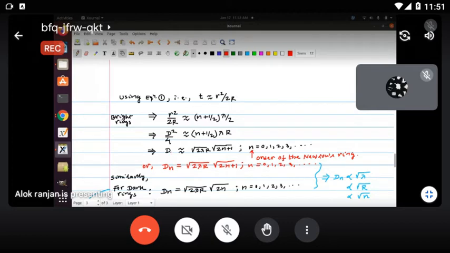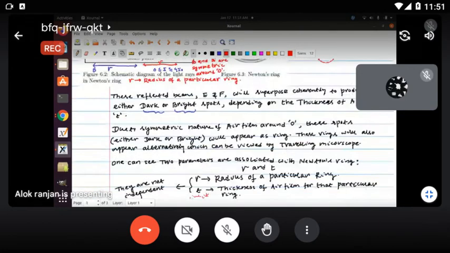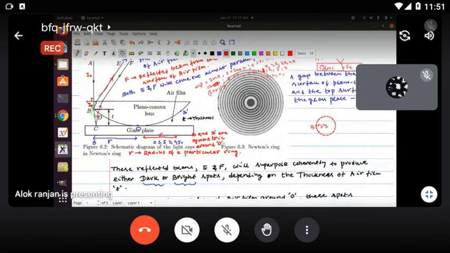And here we have the diameter of the Newton's rings in terms of the wavelength, radius of curvature, and n. What is n? n represents the order of the Newton's rings. So do remember, if you move away from the center, we have rings, right? So this represents the order or position of the rings, whether it's the first, second, third, fourth, and so on.